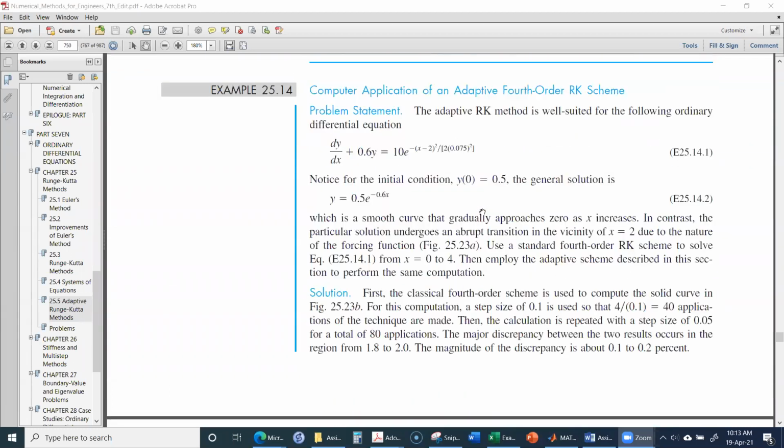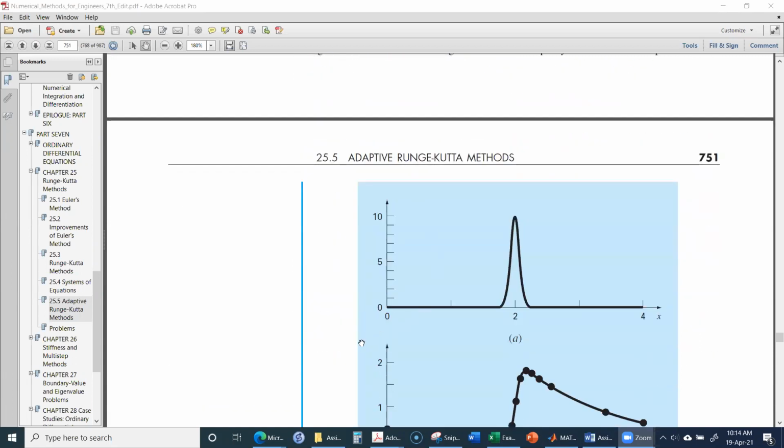That means for most values of x, dy over dx will be a very small value, nearly 0.